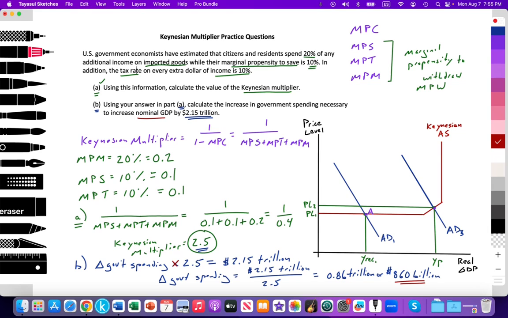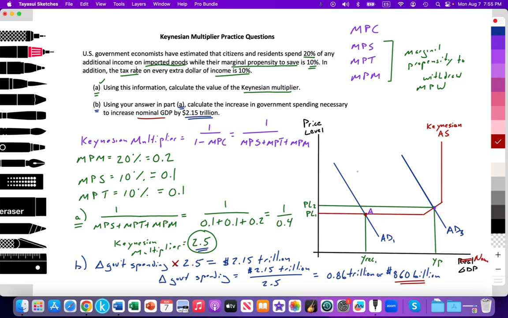So what's the idea there? Let's assume that we're in a recessionary gap. Let's assume that we're at where AD1 intersects the Keynesian aggregate supply curve at point A, providing a price level at PL1, and we're in a recessionary gap with real GDP at Y recession. Or since we're using nominal GDP, let's assume that this is measuring nominal GDP. Fine.